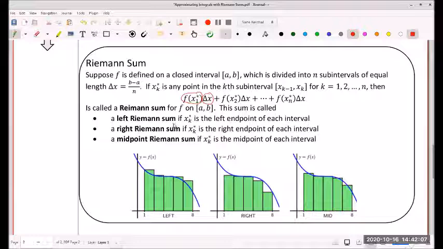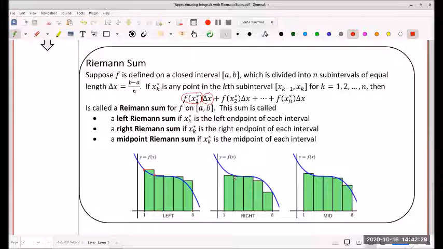And we can use a left Riemann sum, meaning the little sample points, the x star k's, are the left endpoint of each interval, or we can use the right endpoint. So in the examples in the pictures below here, in this first example, we use the left endpoint. You see the left endpoint is the height of the rectangle for each subinterval.